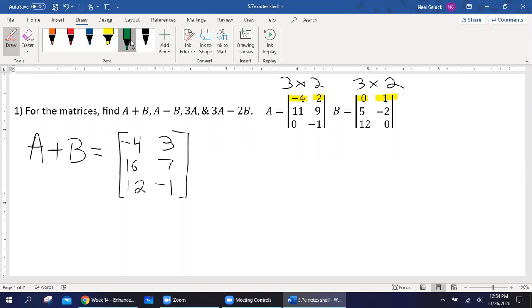Next one is A minus B. Again, exact same idea. But now I'm just subtracting.